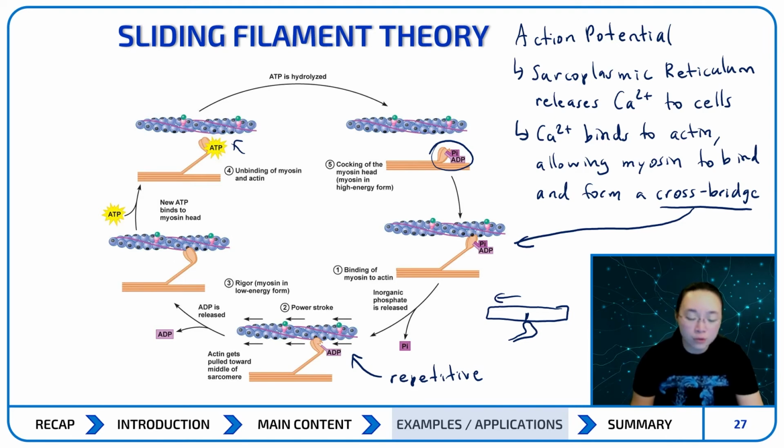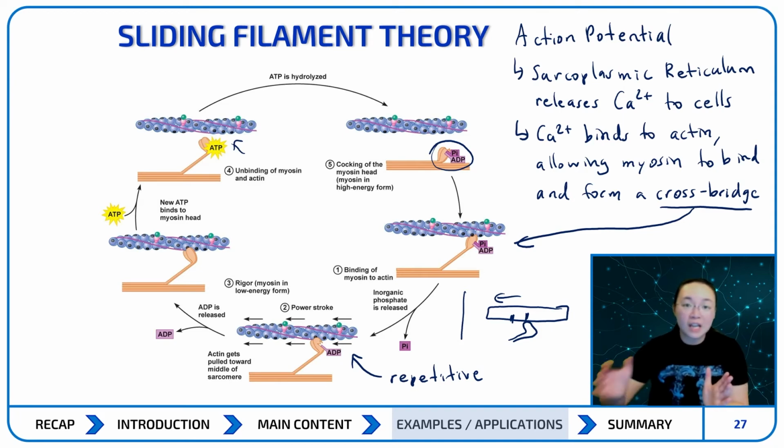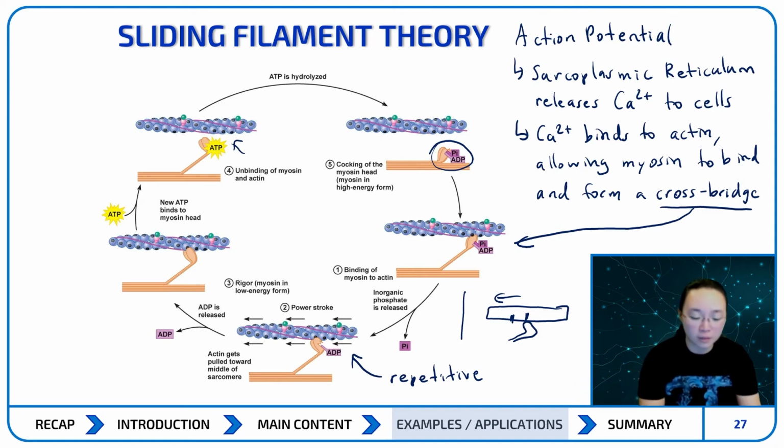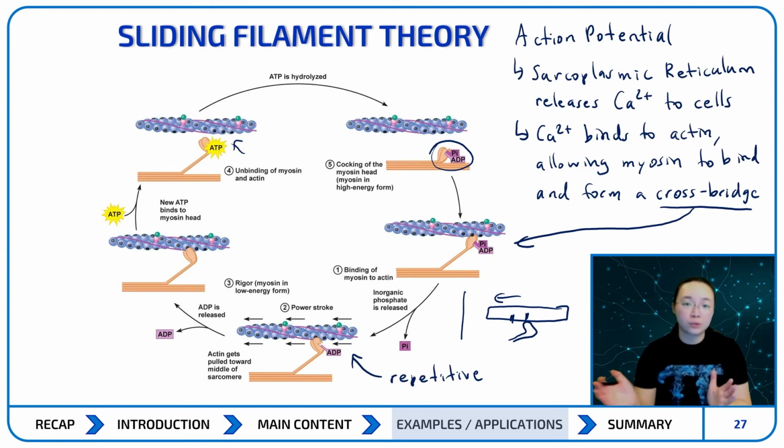And afterwards, the power stroke is going to cause the actin filament to move inwards towards the M line, which is right here. And so as it moves inwards, the myosin head detaches and reattaches farther down the actin filament and produces another power stroke, moving it closer and closer with each stroke. So that general idea is important to know.